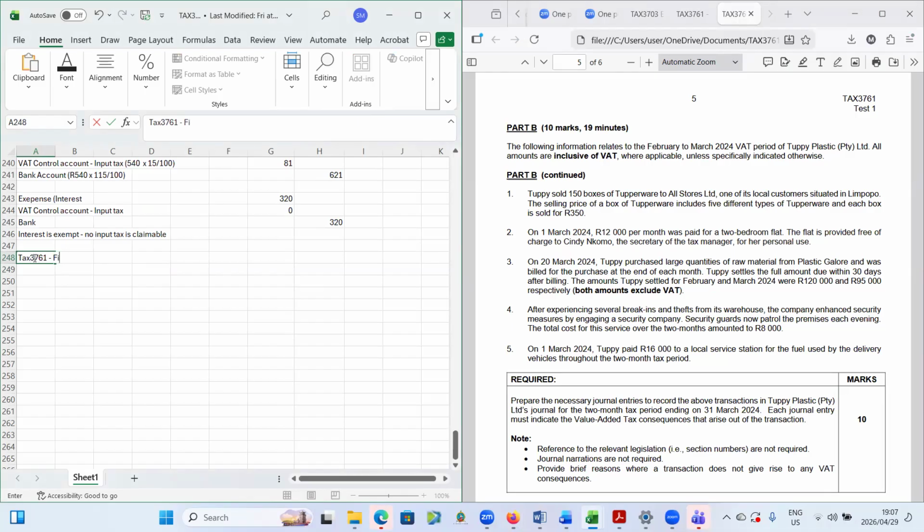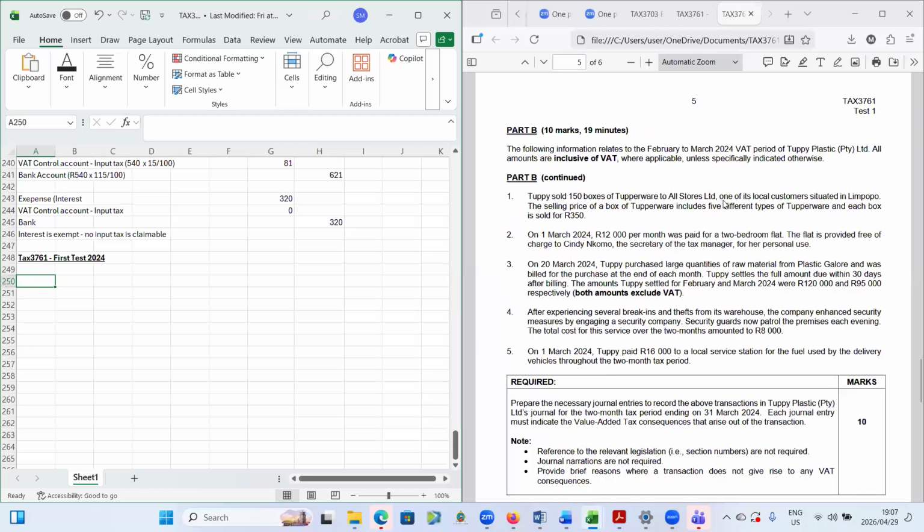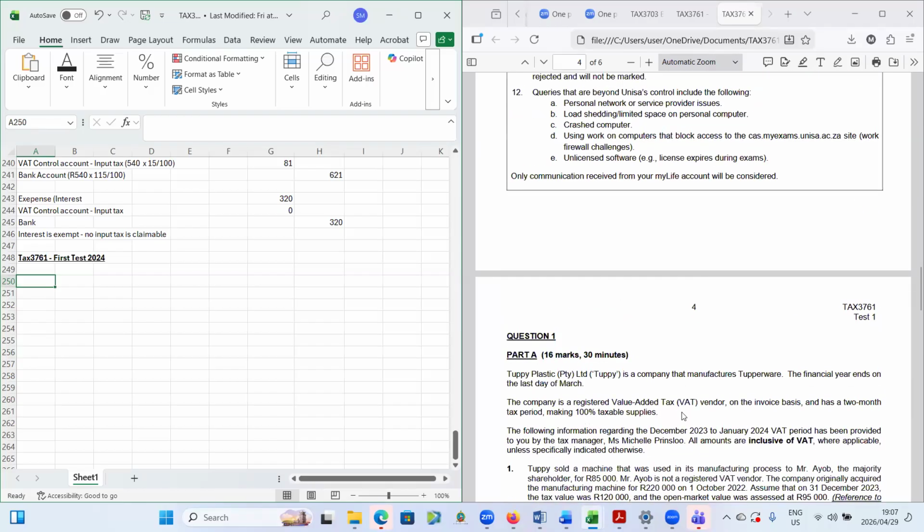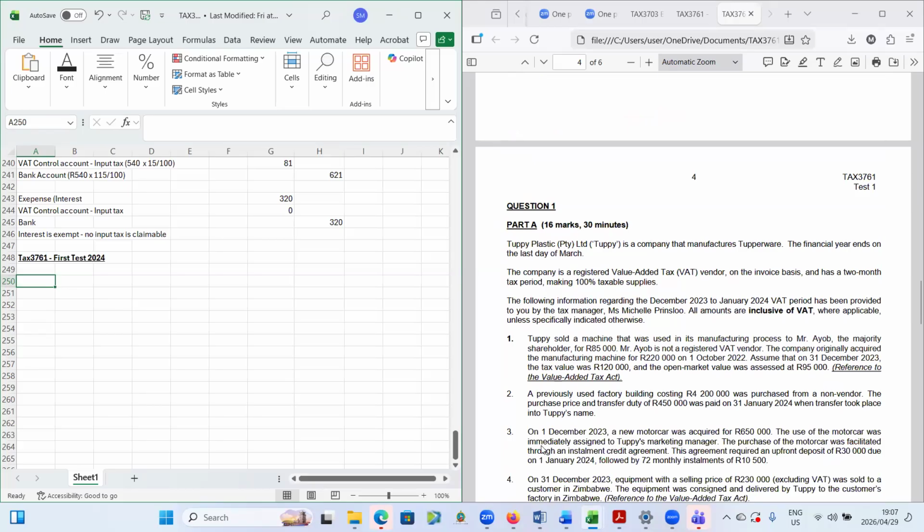First test for 2024. So that's what we are starting with. Others will join us along the way. And like always, let's discuss. Feel free to ask questions while we are in class. So here is the question. We are starting from question number 1.